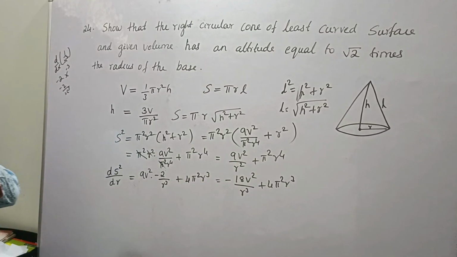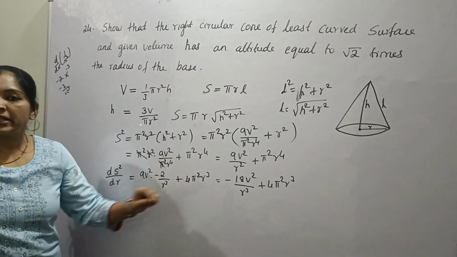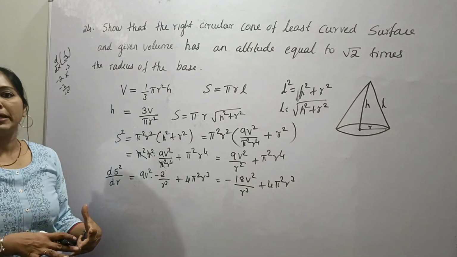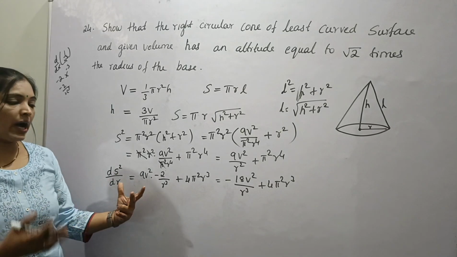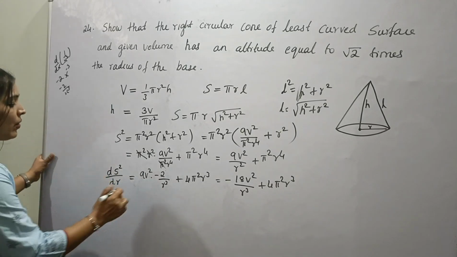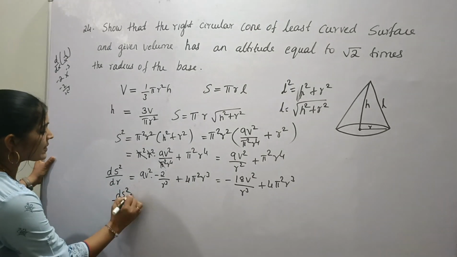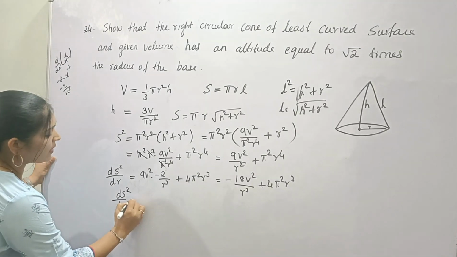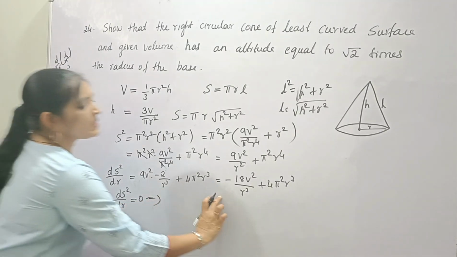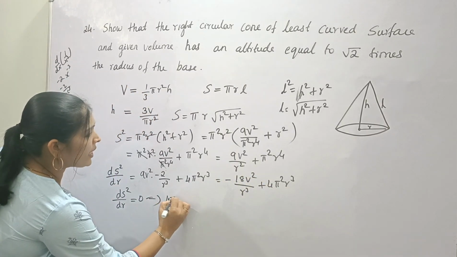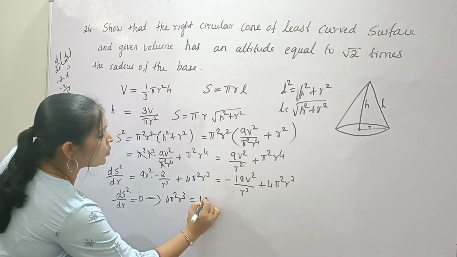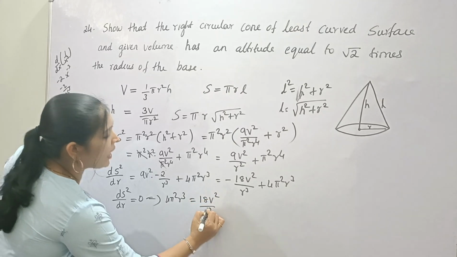Now we have to find the value of r. So when it is minimum, what is the value of r? For that, let's take ds square by dr equal to 0. That implies 4 pi square r cube is equal to 18v square divided by r cube.